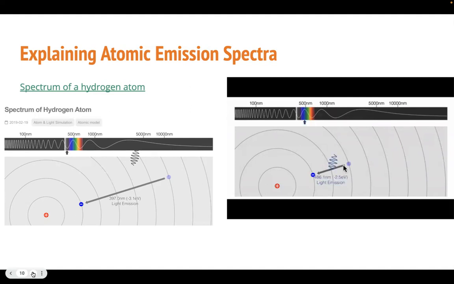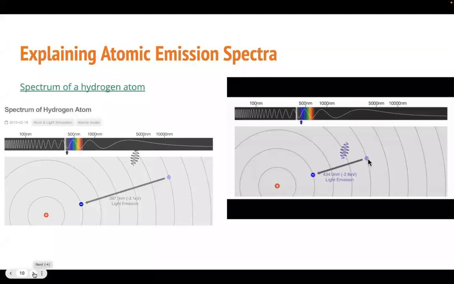And then again, it's also going to correspond to what part of the electromagnetic spectrum that's associated with. So that's fantastic. They're showing the difference between going from excited state to ground state, or ground state to excited state. Yeah, I really, really like that. I think it makes it really obvious to the students what's going on.